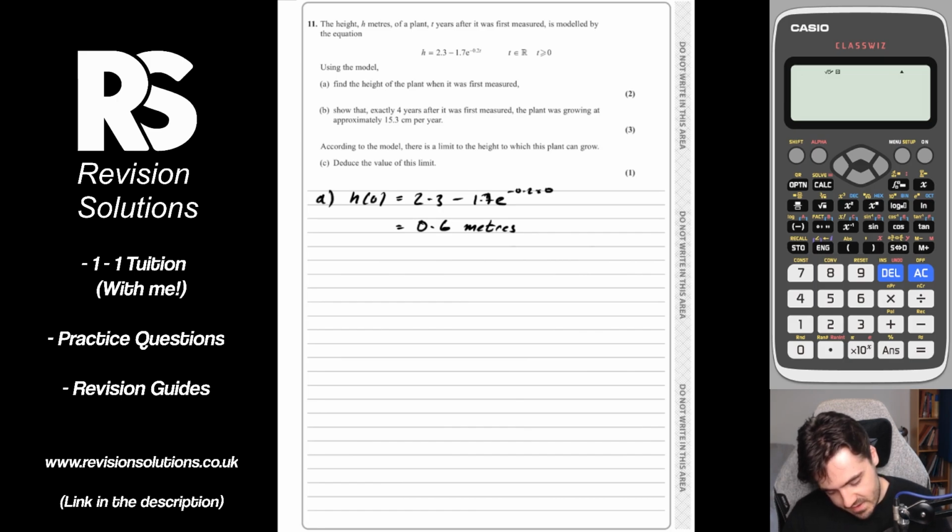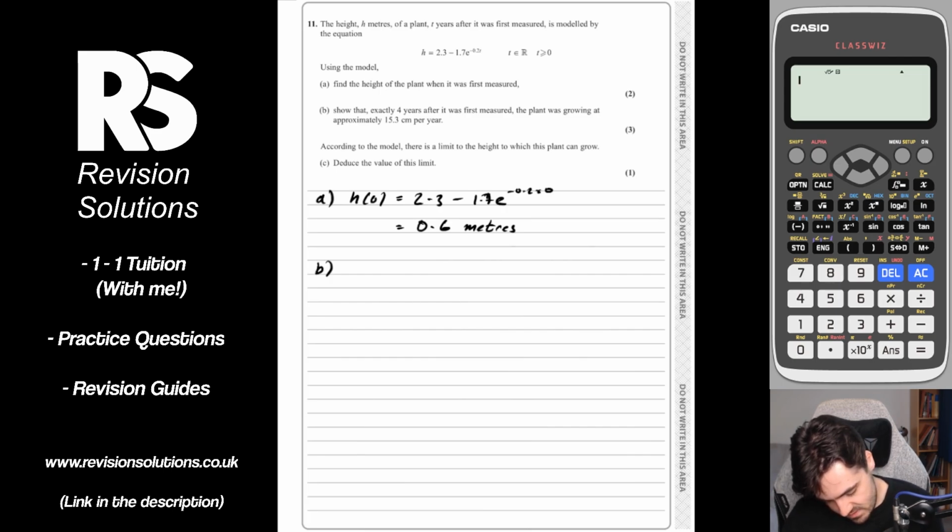Then it says, show that exactly 4 years after it was first measured, the plant was growing at approximately 15.3 centimeters per year. So that's a rate of change of the height. So that's going to be the derivative. So we need to differentiate.